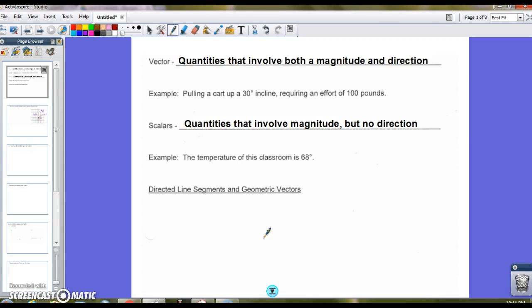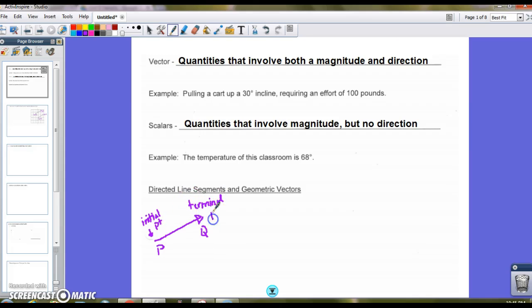Okay, directed line segments and geometric vectors. The idea behind this is that now we can take a line segment and assign it a direction, and we then have a directed line segment. And we can do that with simple notation. For example, if I were to draw this line segment, this is the line segment PQ. Right here is my initial point, the start of the arrow, and then the terminal point is the end of the arrow.